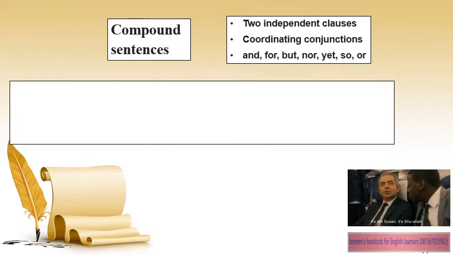What are they? The coordinating conjunctions are and, for, but, nor, yet, so, and or. You can also use the semicolon instead of using the coordinating conjunctions.